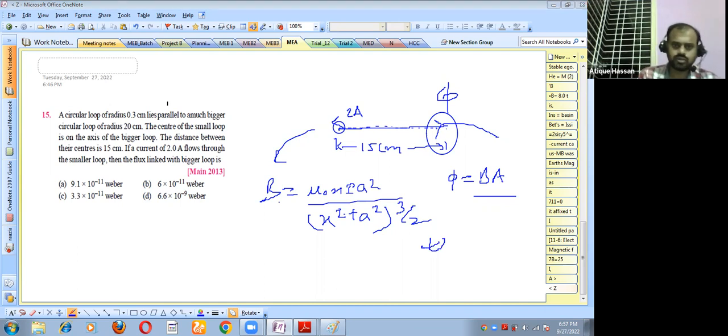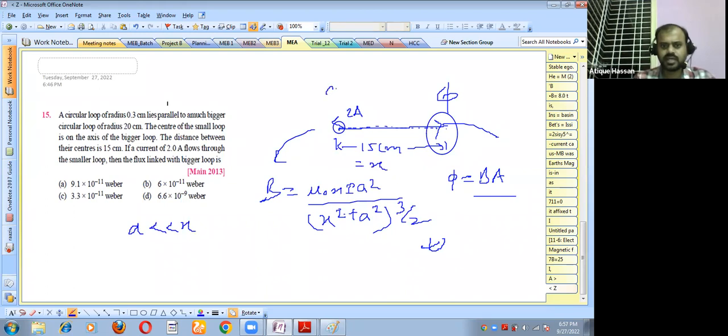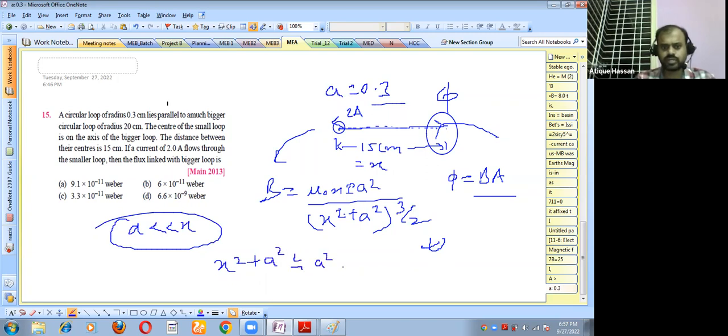All right. Now it is given that the loop is very small, so you can neglect A, since A is much less than X. Here X is equal to 15 and A is equal to 0.3. So X square plus A square will be almost equal to X square.